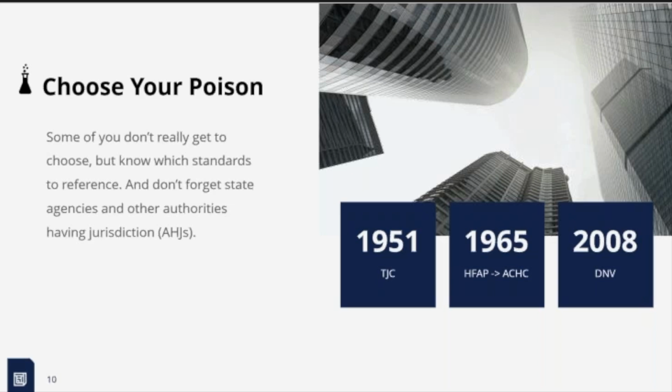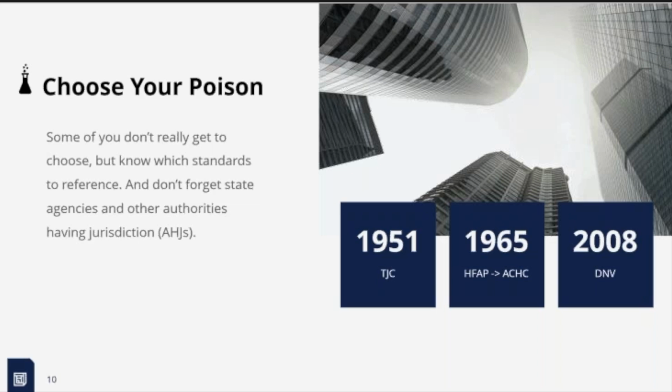But before we get into the code language, we're just going to talk a little bit about some of the agencies. Joint Commission started doing this in 1951. When I put the slide together, I was trying to find the percentages of hospitals that used each one, and you just can't find that anywhere. So if anyone has that, email it to me. There was one called HFAP.